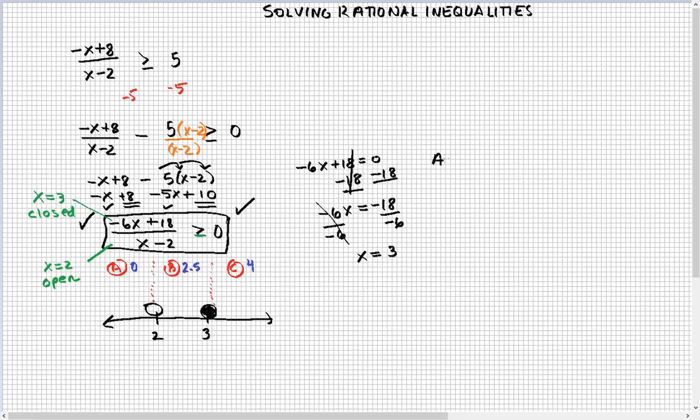So for region A, I'm testing 0. Wherever I have an x, and I have an x in 2 places, I'm going to put in a 0. This is negative 6 times 0 plus 18 over 0 minus 2. And the question is, is this greater than or equal to 0?